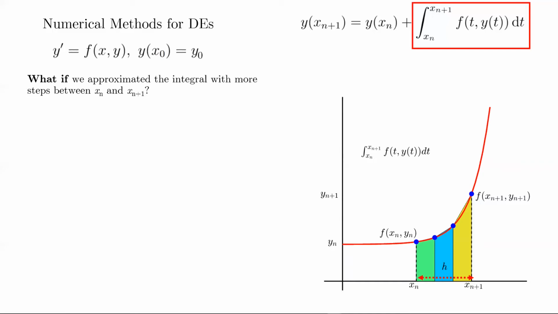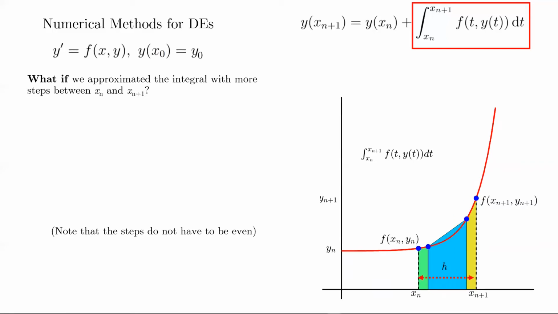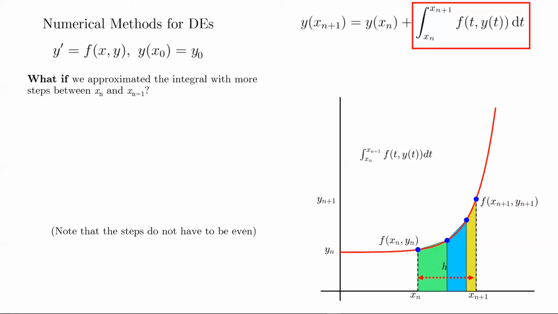But in fact, they don't have to be even steps. You could have something like this where the first and the last steps are small, and the middle step is large, or the first step is large, and the other 2 steps are different sizes. Each of these approximations would give you a different numerical method.